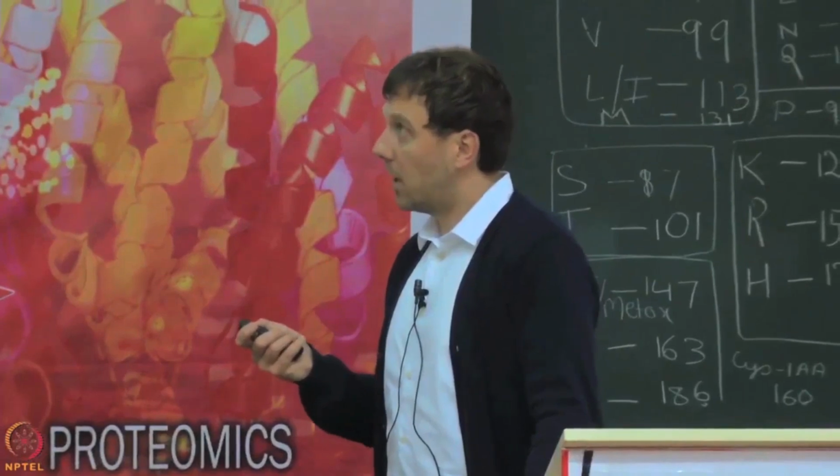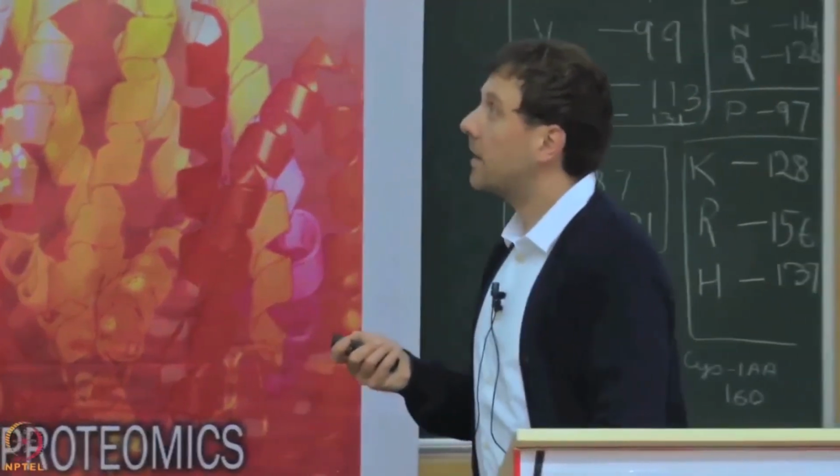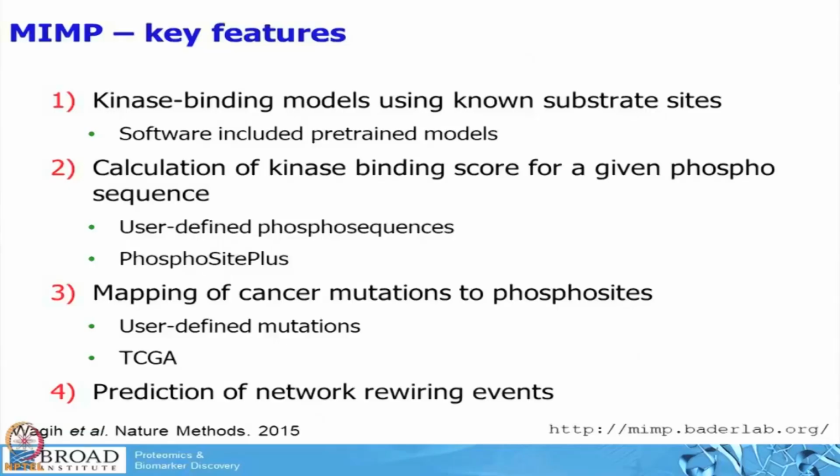The first part is calculating kinase binding specificities, and then it pulls in mutation data, where you can upload your own mutations or specifically look for TCGA mutations, and then it does its prediction.